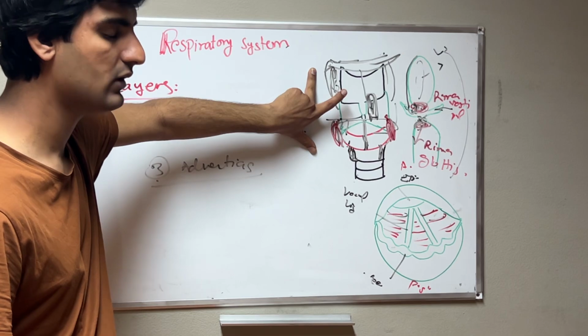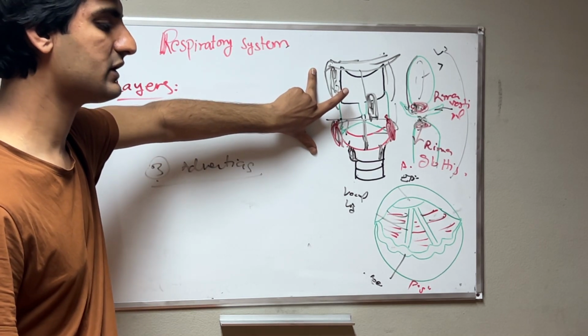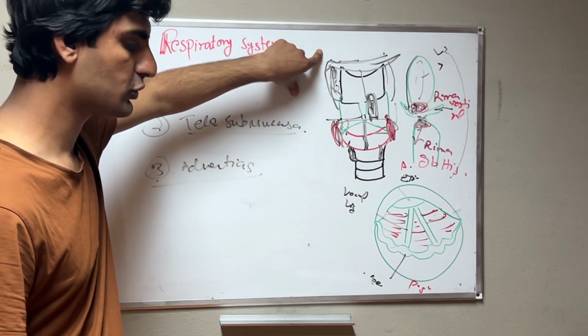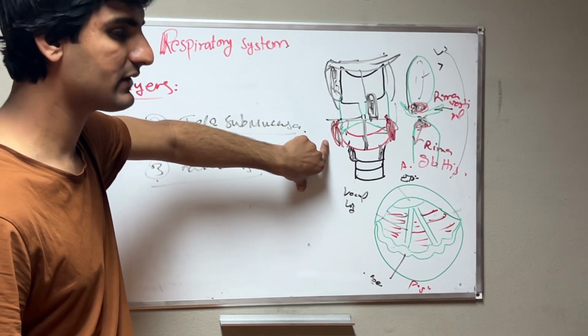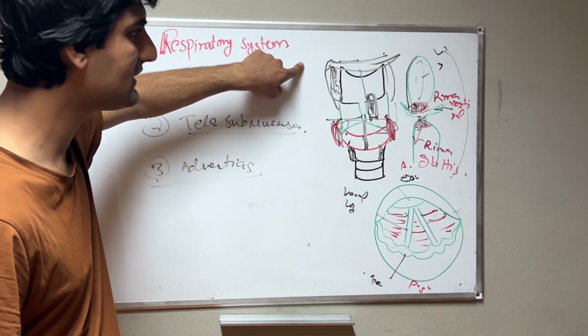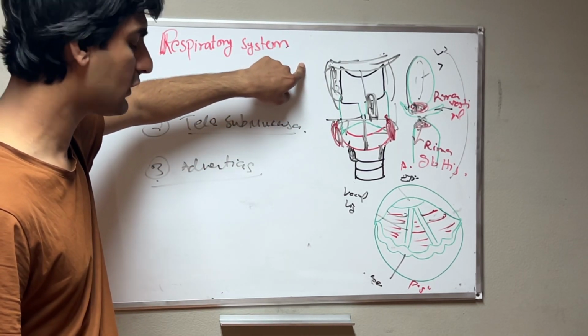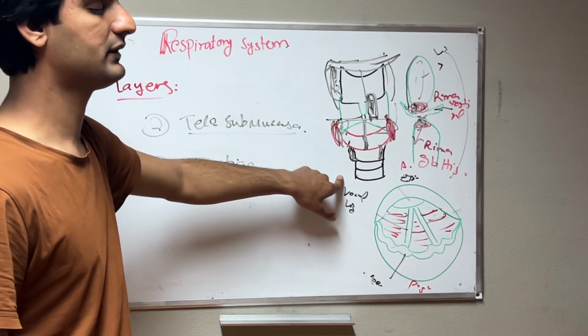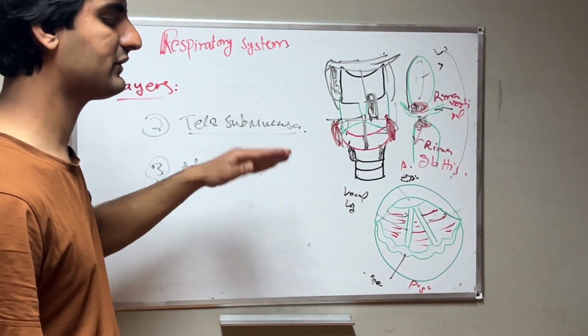The second part we have is the larynx, and the larynx is located between the hyoid and trachea. If you talk about the holotopy, it is located in the neck region. If you talk about the skeletotopy, the superior level is from C4 to C5 cervical vertebra, and the inferior level is from C6 to C7 cervical vertebra. This is the holotopy and skeletotopy.